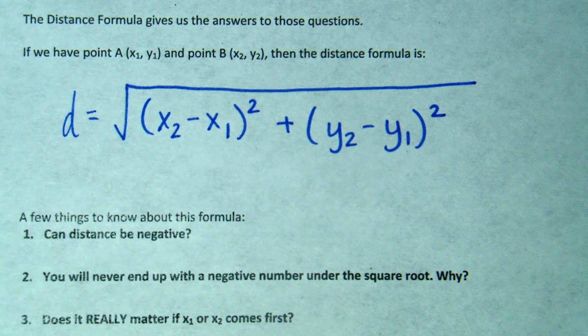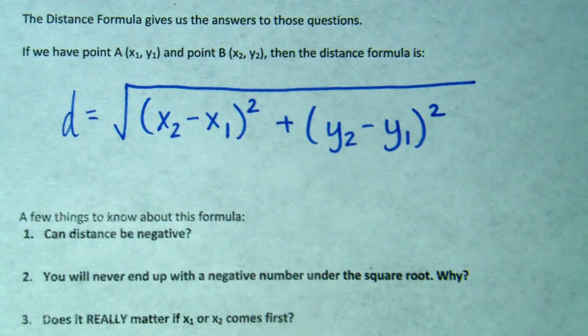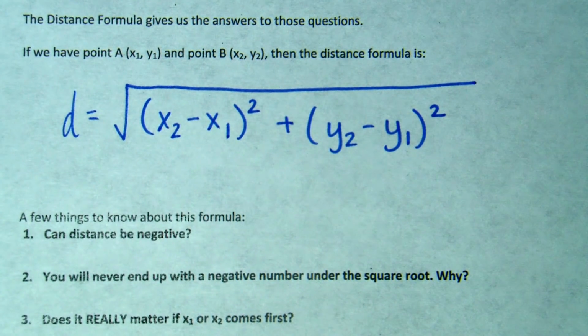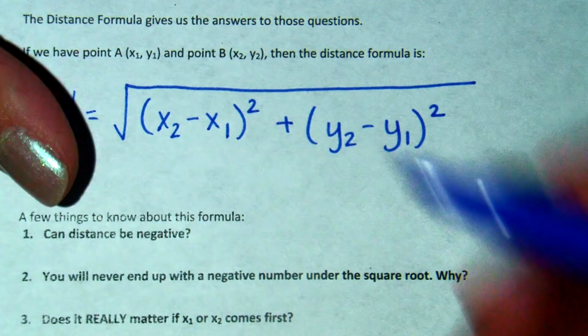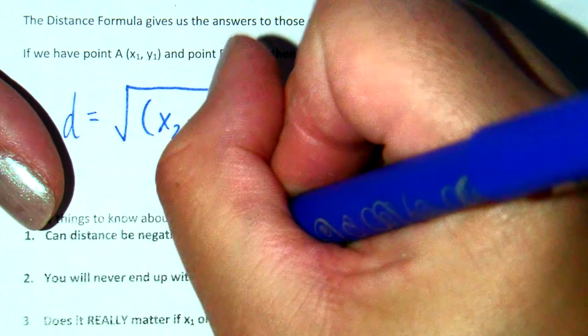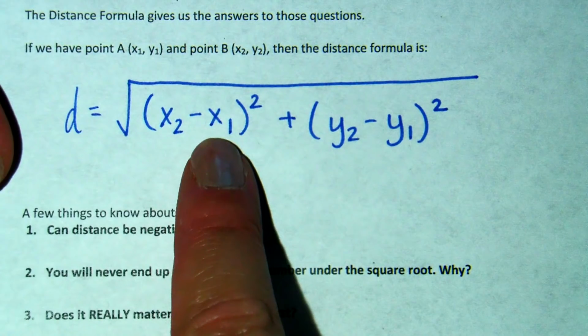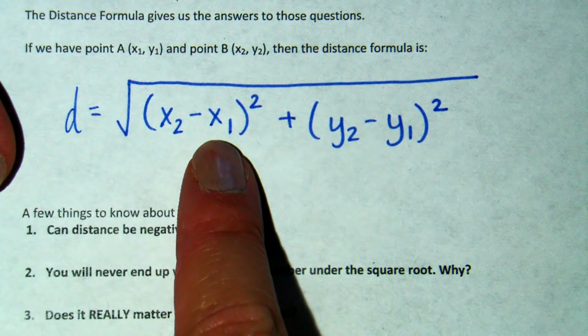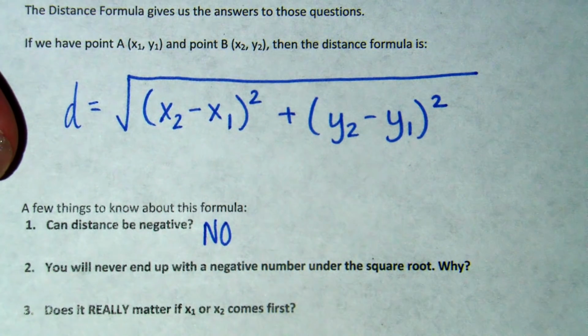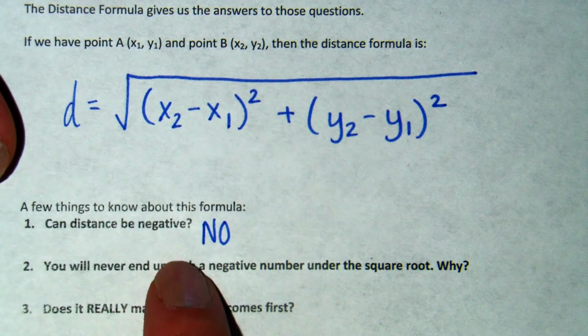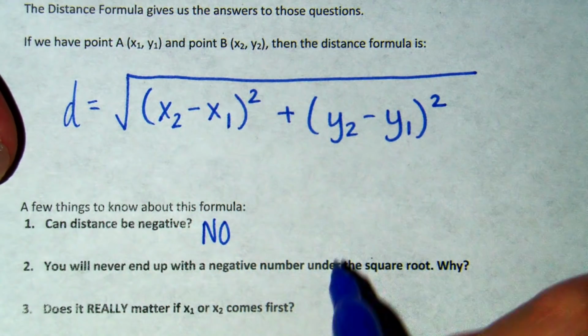Can the distance be negative? Think about distance. Can my distance traveled be negative? If I am going to Michigan, is that a negative distance? The correct answer is no. So if I somehow end up with a negative number, we did something wrong. We'll never end up with a negative number under the square root.